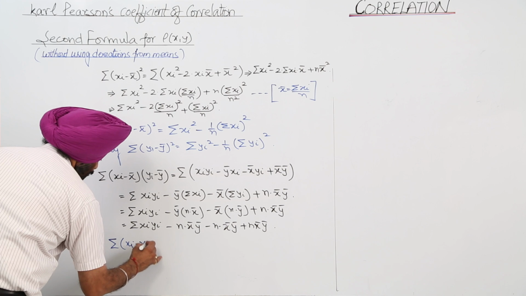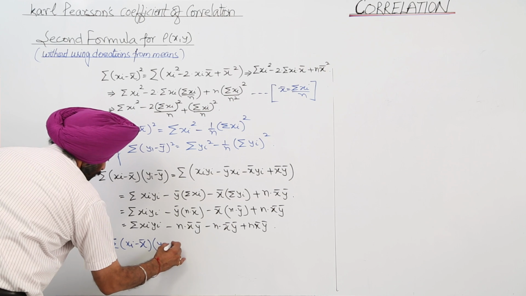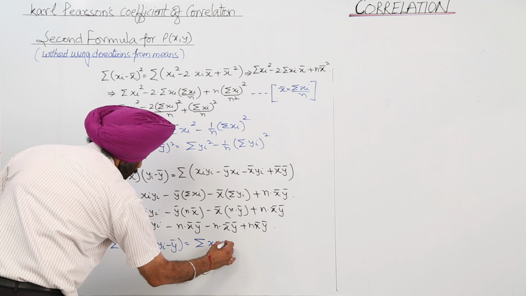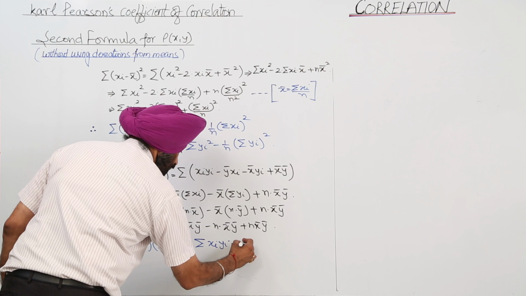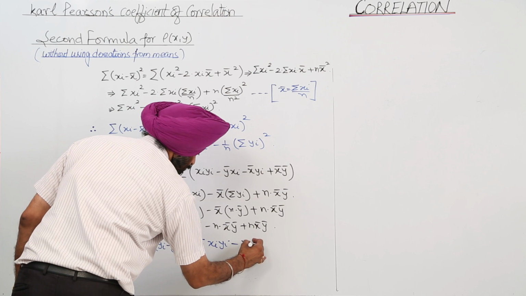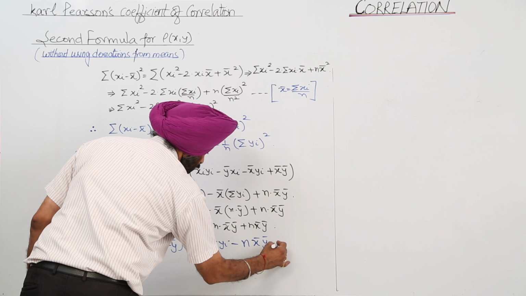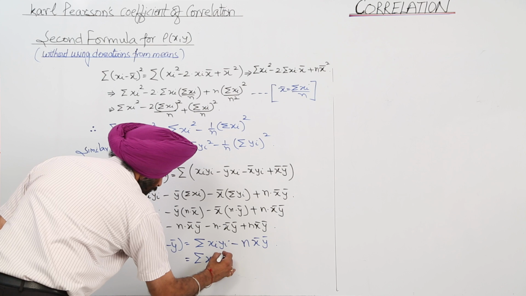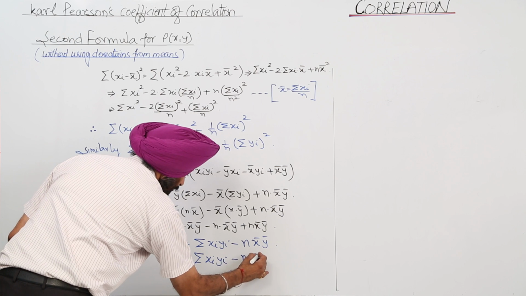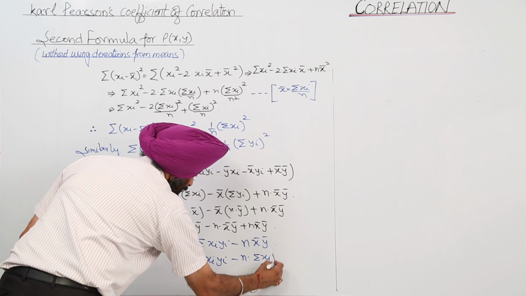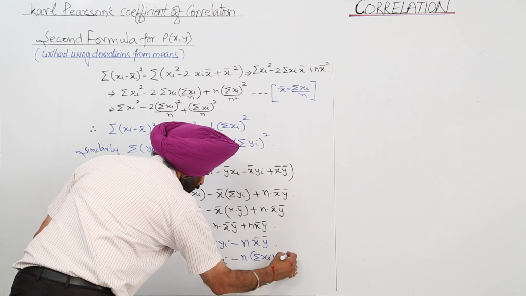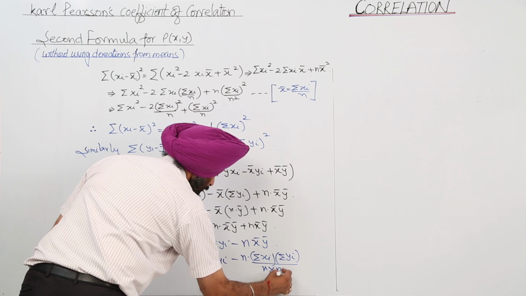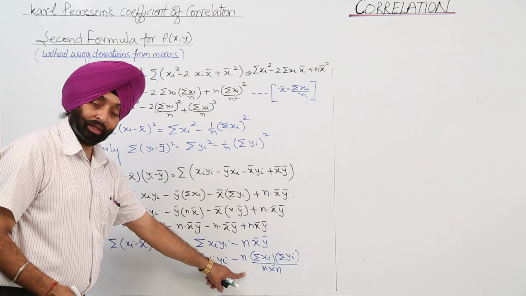We are left with summation of (xi minus x mean) times (yi minus y mean) equal to summation xi yi minus n times x mean y mean, or we can write this as summation xi yi minus n times summation of xi, summation of yi upon n times n, and one n will be cancelled.